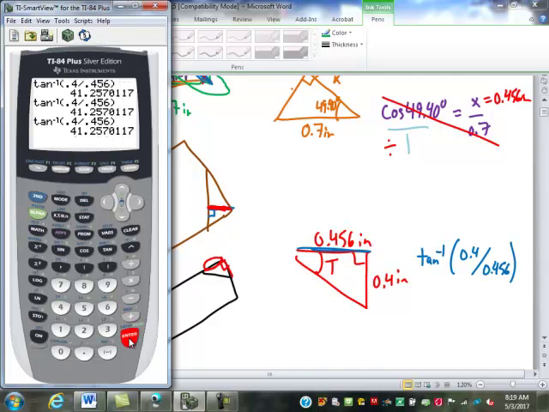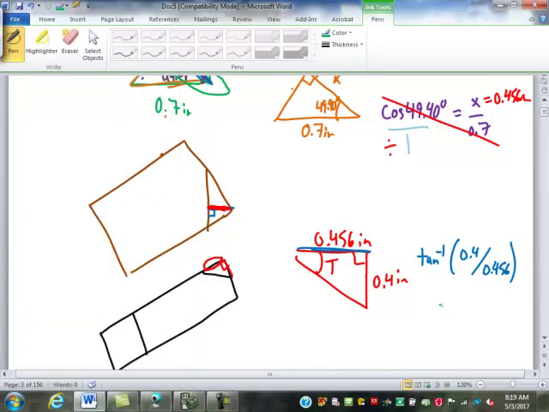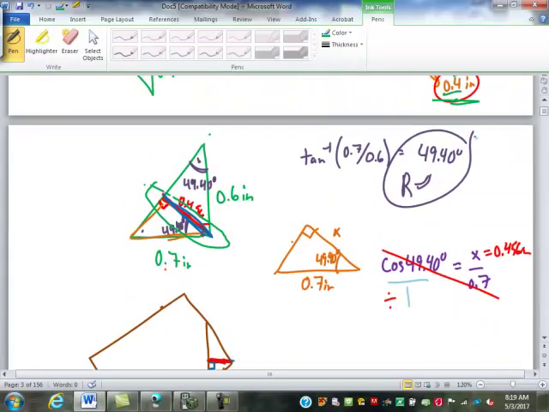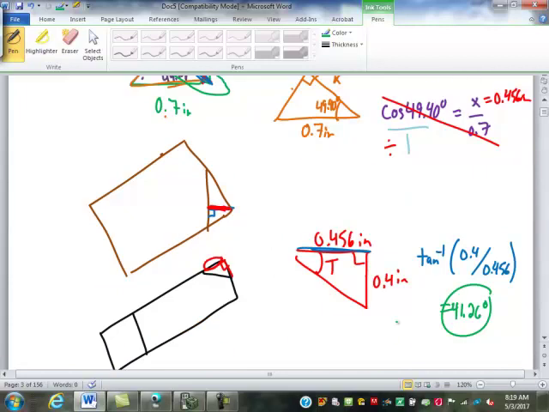There it goes. 41.26 degrees. So what all the answers would be required: you'd have an angle of rotation, the 49.40, then your angle of tilt here, your 41.26.